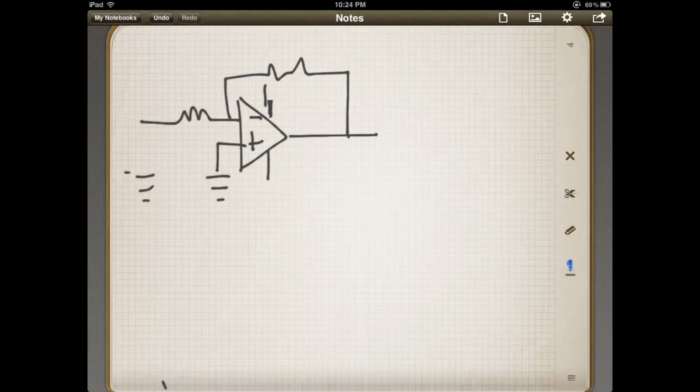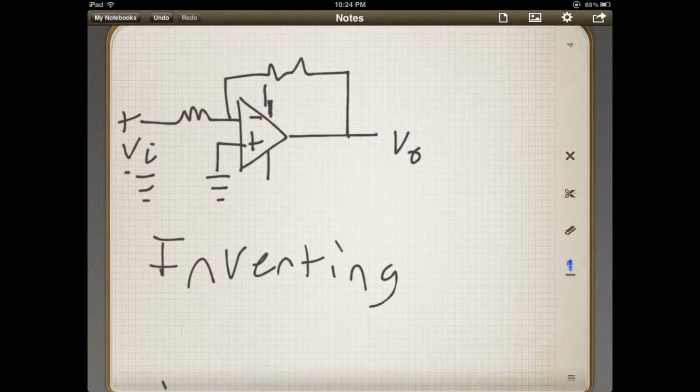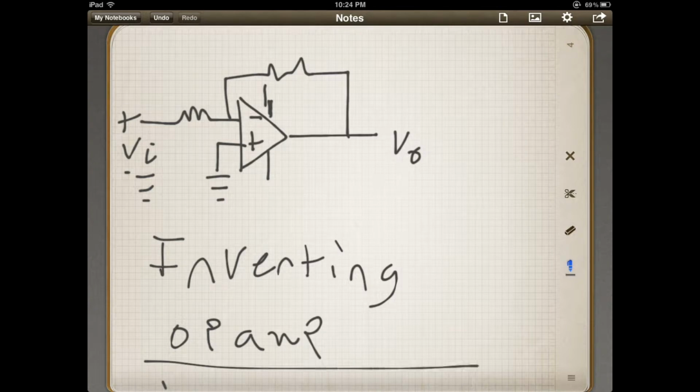So this is like this. That's a minus. This is a plus. This is V in, and you've got your V out. And this is the inverting op-amp configuration. I'm sorry, my handwriting is horrible. I'm not an artist, as you guys can tell. Of course, I don't think any electronics engineer is one. R1, R2.